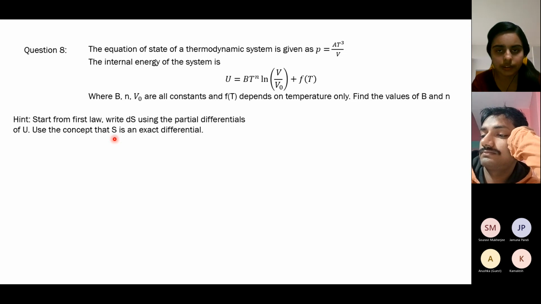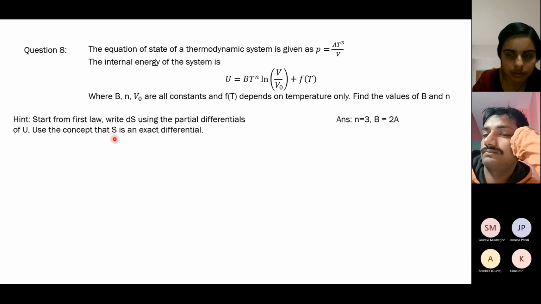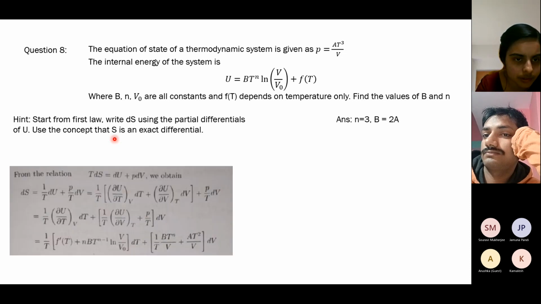Did you guys find the expression for dS and see if this matches? You'll see how the answer comes out, but this is the expression. This is what I was telling: first start with the first law and then write it. Is this matching with what you are getting? Yeah, ma'am.